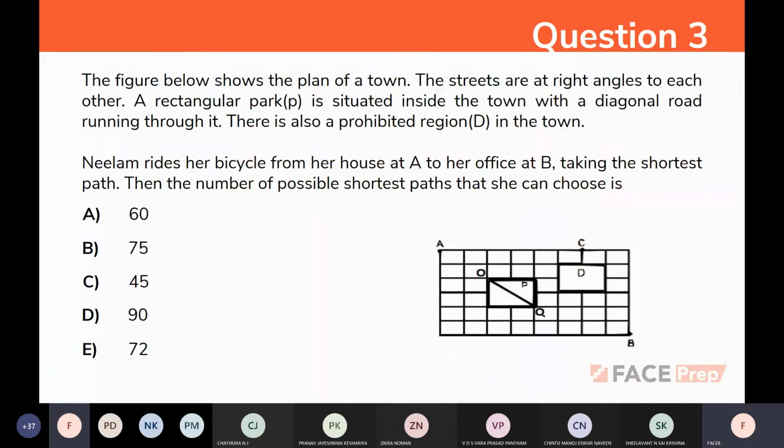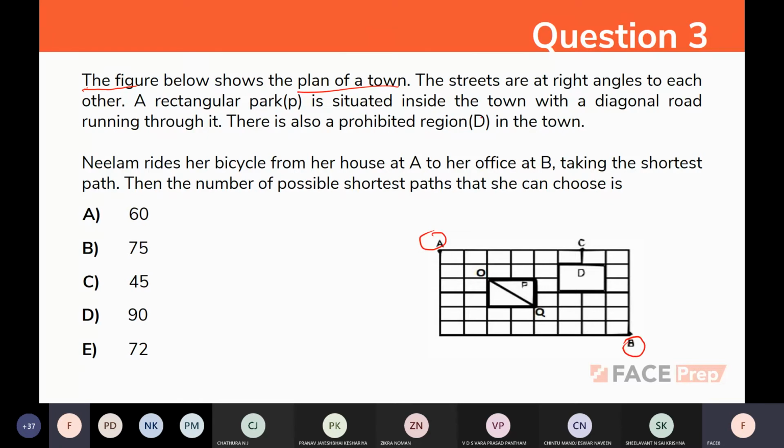So this is another way of approach. You need to know the combination rule for this. I'll tell you after that. After reading the question: the figure below shows the plan of a town, from A to B, a blueprint or plan.